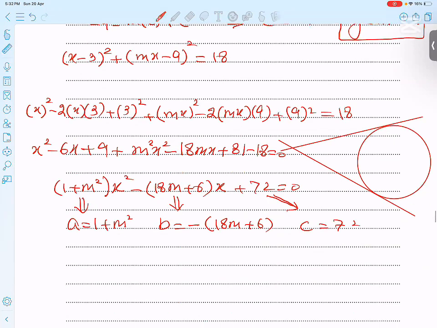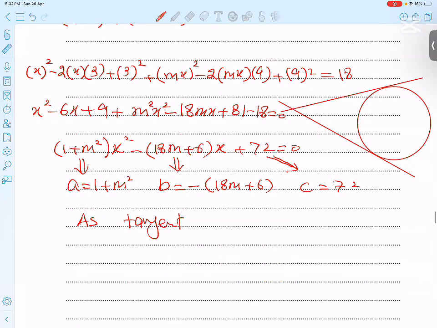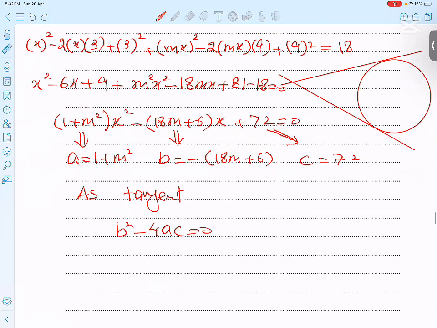Now check it. As we know, for a tangent we use the basic criteria: b squared minus 4ac is equal to 0. You use the power 2, and this power 2 will eliminate the negative sign. So B squared minus 4 times A times C, where C is 72.